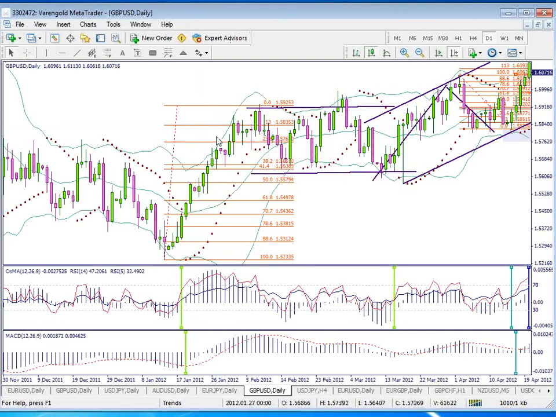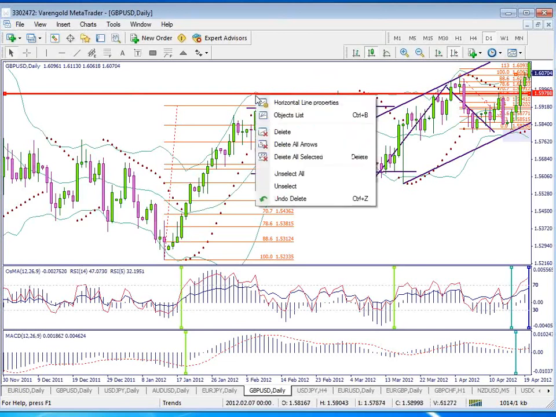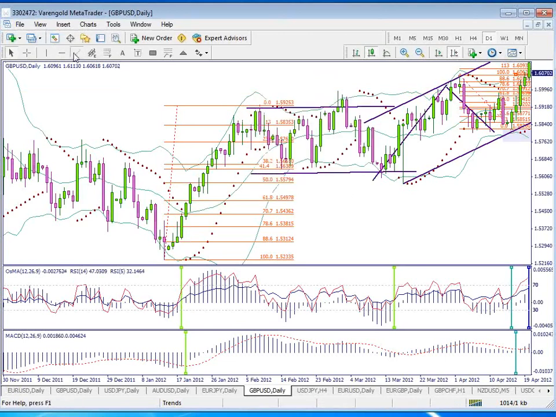So ideal for me would be to have one stop loss at this high, 2-3 pips above this high, or if I want to be safe, on this level where I have the superior line of the Bollinger Band.